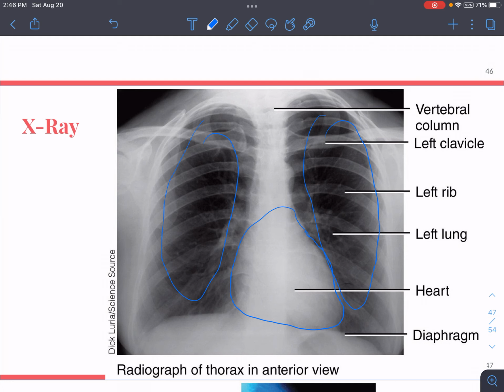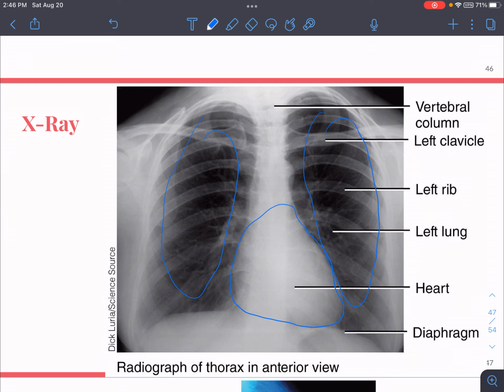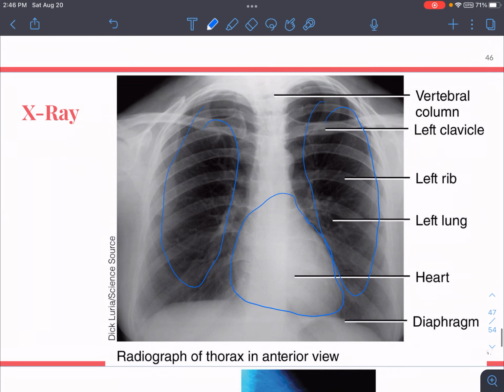If the lungs are more cloudy, that can signify pneumonia. It can signify other lung conditions. So x-rays are always a really good place to start in dealing with insurance companies. They usually want an x-ray first before you go to more intricate imaging.